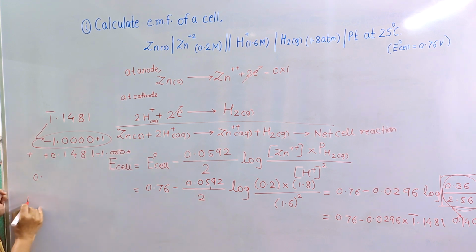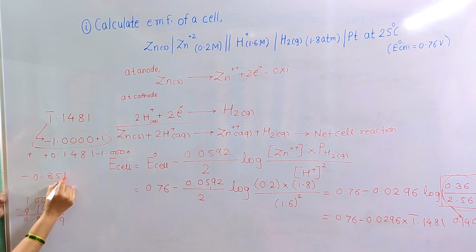So 1.000 minus 0.1481. It will be 9, here it will be 1, it will be 5, again 8, and here 1 minus 1 is equal to 0. So this value will become minus 0.8519.